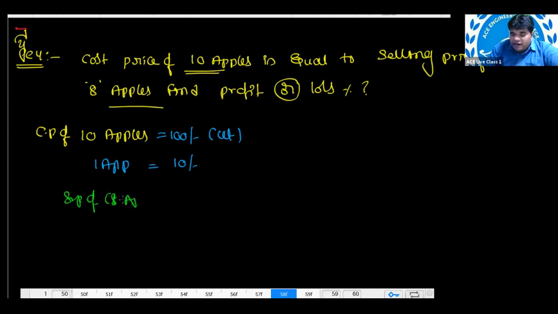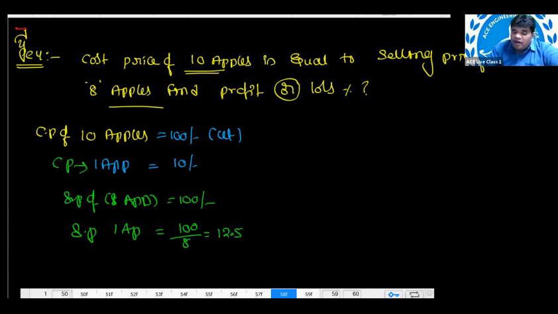Selling price of the 8 apples is 100 rupees, so 1 apple selling price is 100 by 8. What is the answer? 12.5. So 1 apple cost price 10, 1 apple selling price 12.5.